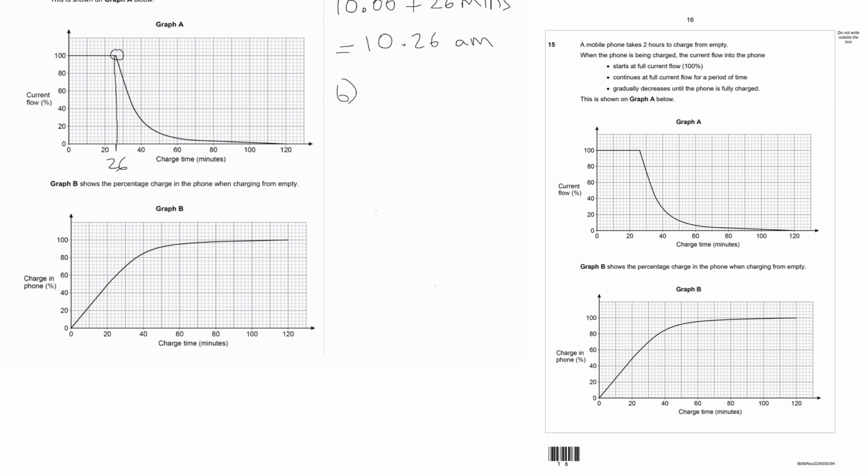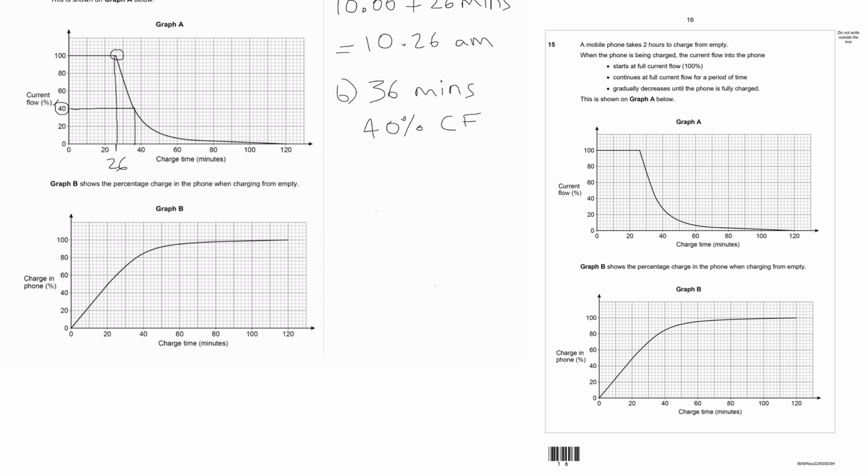So using graph A, we can see that the current flow for 40%, if we come across, come down, we can see that the current flow is 40% at the time of 36 minutes. So at 36 minutes, we have 40% current flow, which I'm just going to call CF.